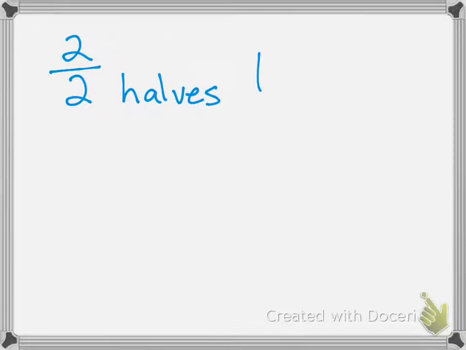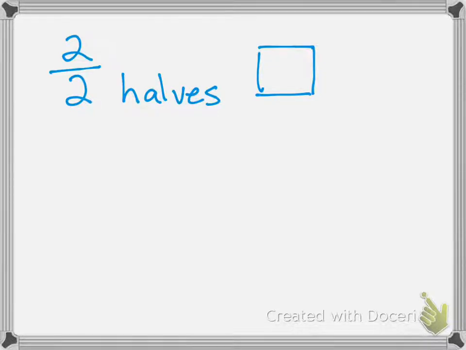All right, so let's talk about what that means when we're looking at fractions. So if I have 2 halves, I don't read this number as 2 tooths, I say 2 halves. So what I would like you to do is pause the video and draw a shape that has 2 equal sections.